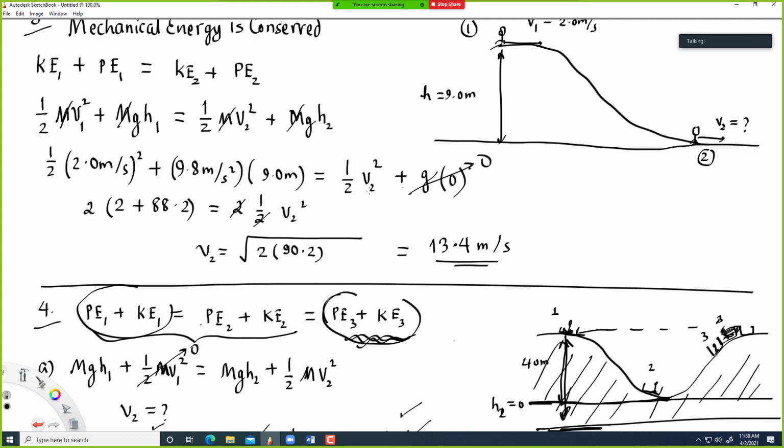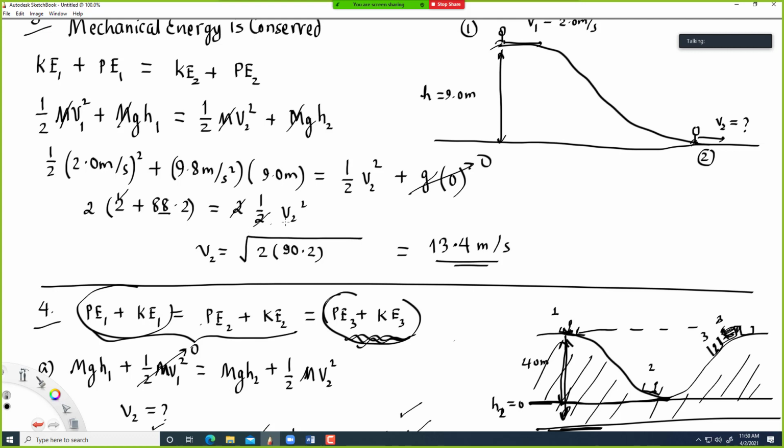That's 0. So 2 squared is 4. And 4 divided by 2 is 2, so that's 2. And 9.8 times 9 is 88.2. To get rid of that 1/2, I'm dividing both sides by 2.